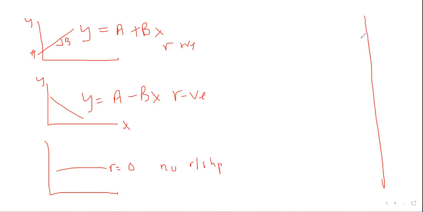So our key: what was A? A was the y-intercept. B was the slope or the gradient. R was the coefficient of correlation. And R squared was the coefficient of determination.